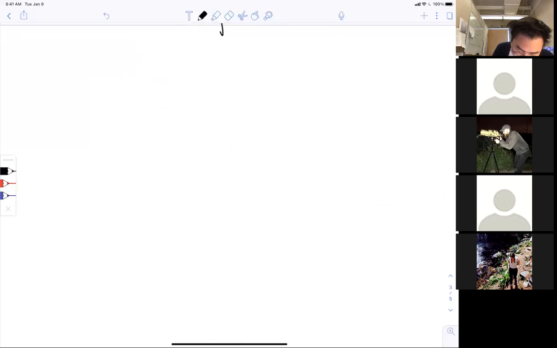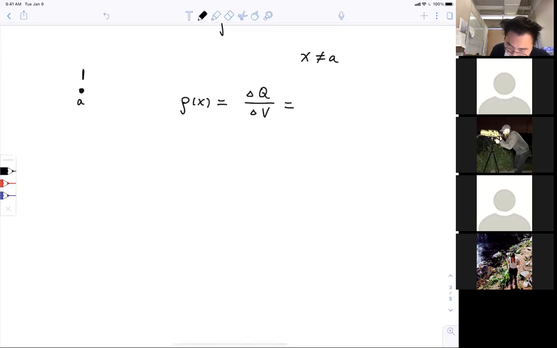Basically, if you have a point charge and you want to calculate its density, let's say the point charge has charge 1 at one point. According to the definition, it's given by Q divided by the volume. If x is not equal to this point, let's call it point A, then it's 0 because there's no charge.